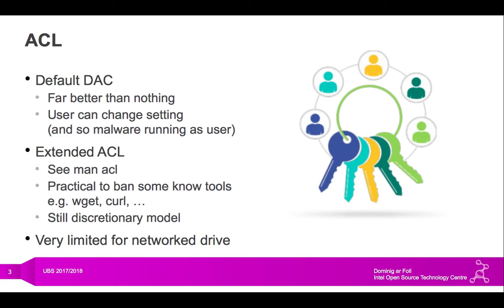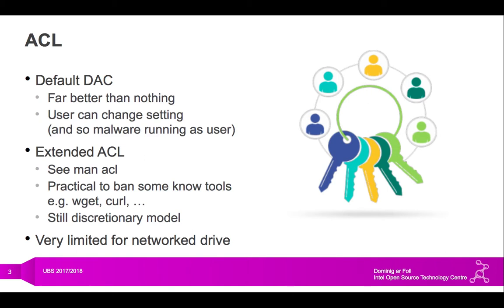It's definitely better than nothing, but unfortunately the user can change the setting, and that means malware running as a user, for example some malicious code hidden in an email or running under the browser, would run with the same privileges as the user. It can change the DAC and extend access to files and directories to other groups and other users, which is not always what we want, and it can even hide it from the user.